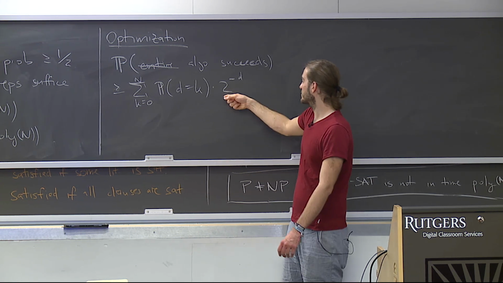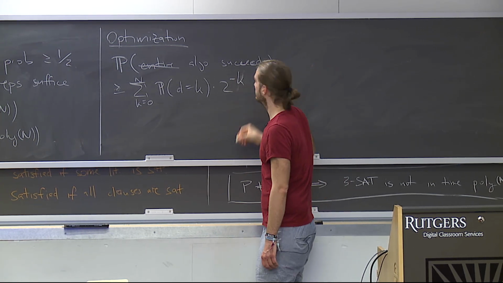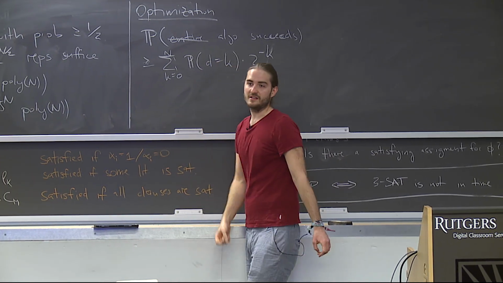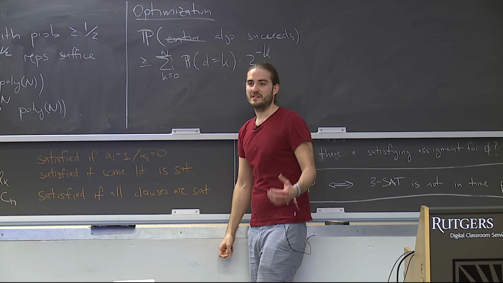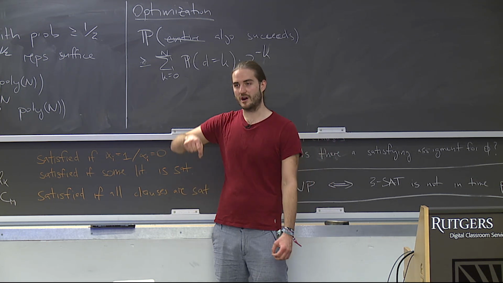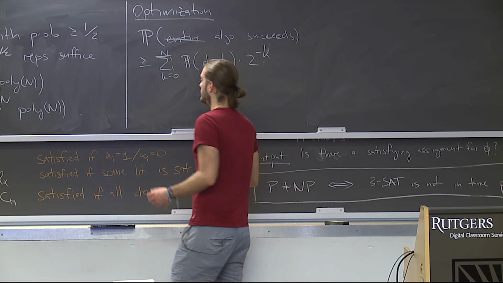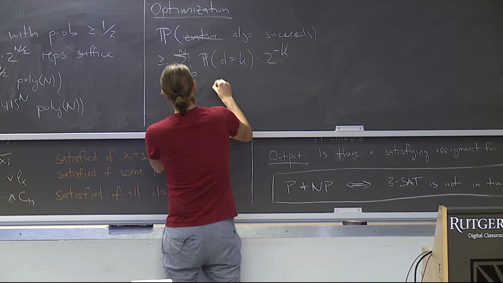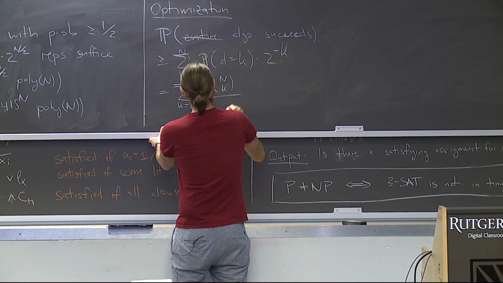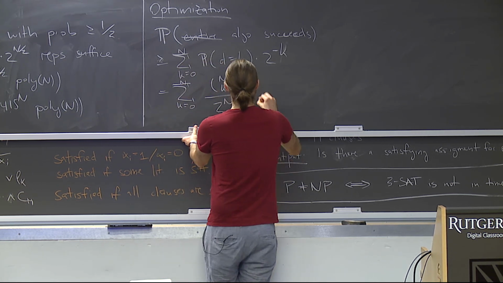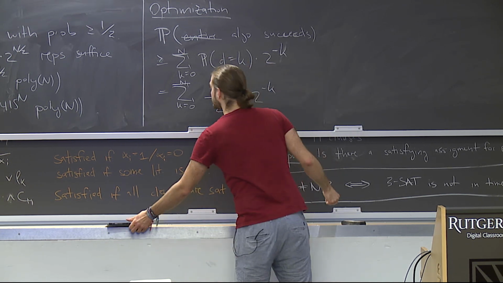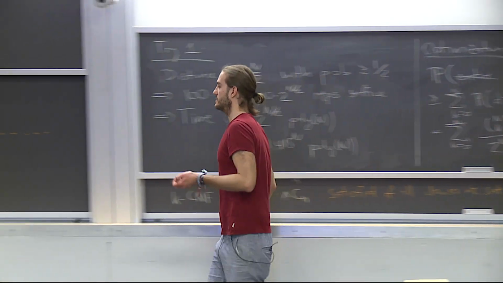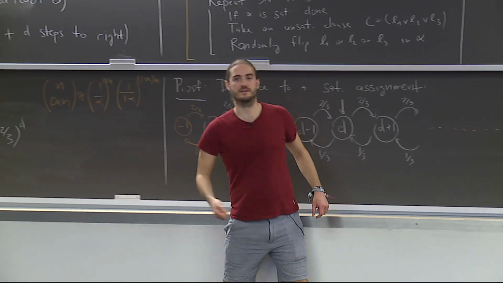And if that's the case, the algorithm is going to succeed with probability 2 to the minus k. Now, what's the probability that the distance is k to begin with? Well, that's basically the number of Hamming distance k strings to an arbitrary string divided by 2 to the n. So that is n choose k divided by 2 to the n times 2 to the minus k. OK? Now, let's use the binomial theorem.